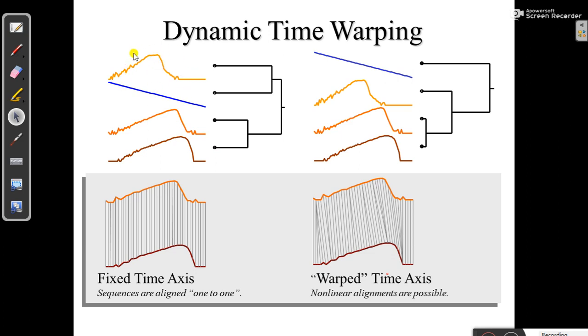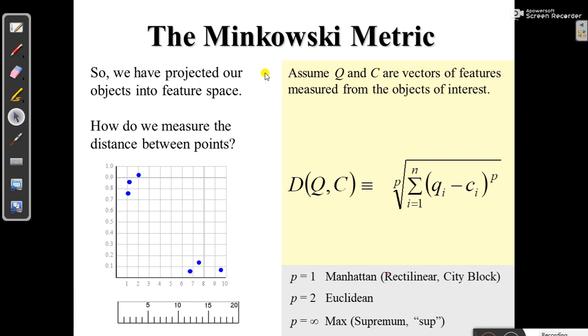But as a whole, intuitively, this graph might be more similar to this one than that one. That is why, using dynamic time warping, we can say that this graph is more similar. That is why you can see in this dendrogram this one is totally separated out from this branch. So we can use dynamic time warping also.